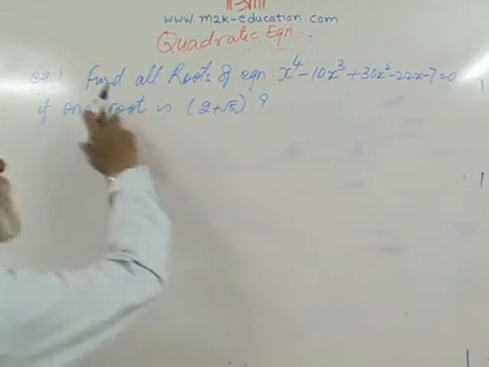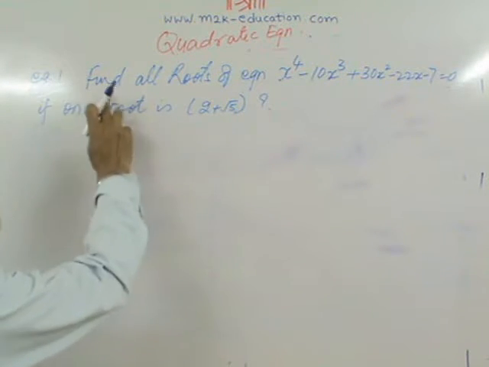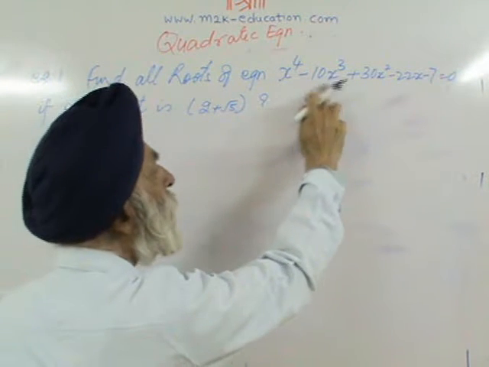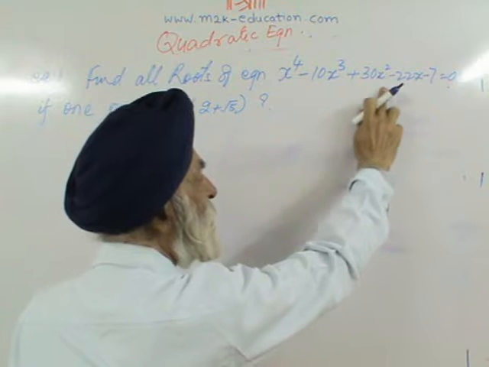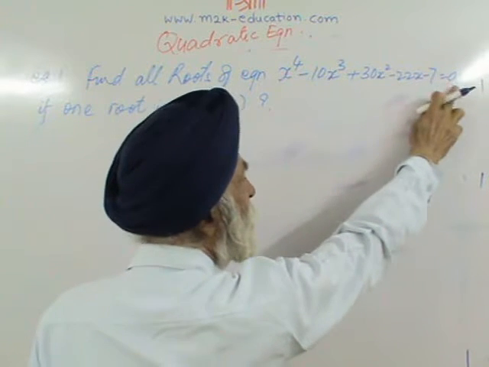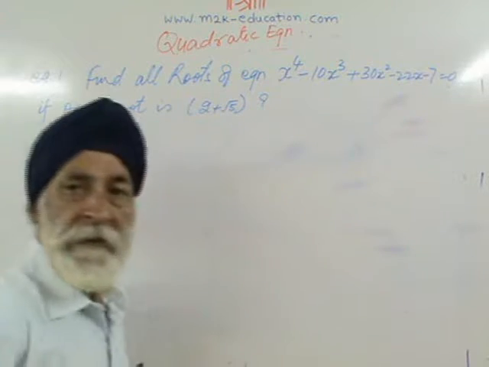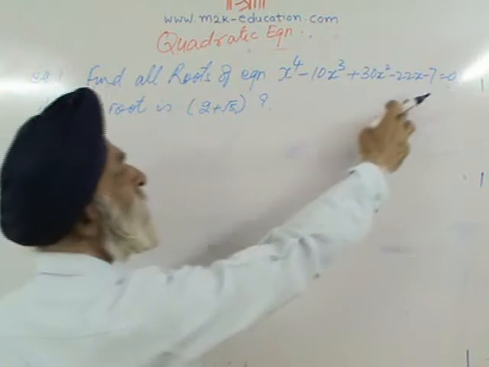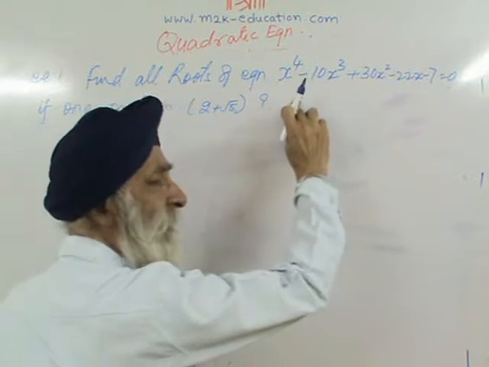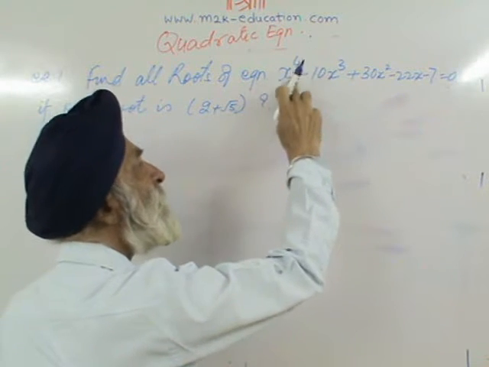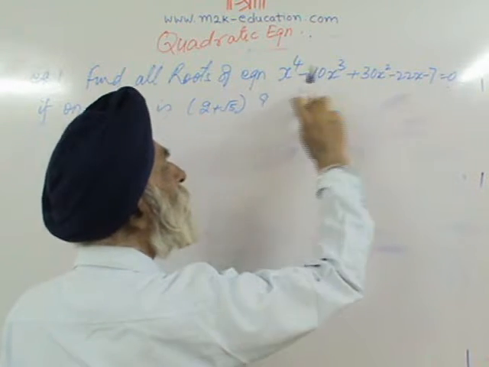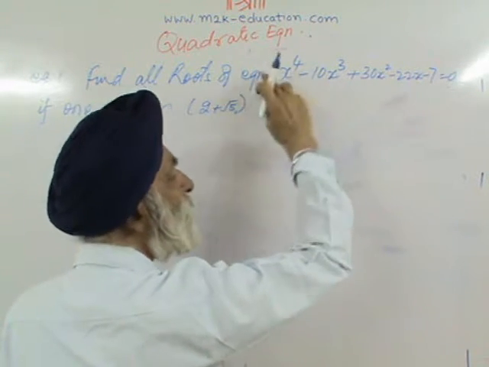Okay. I have written one example: find all roots of the equation x raised to 4 minus 10x cube plus 30x square minus 22x minus 7 equal to 0. Now if I had not written it equal to 0, this would have become an expression with highest degree 4. But while writing it as 0, it becomes an equation.